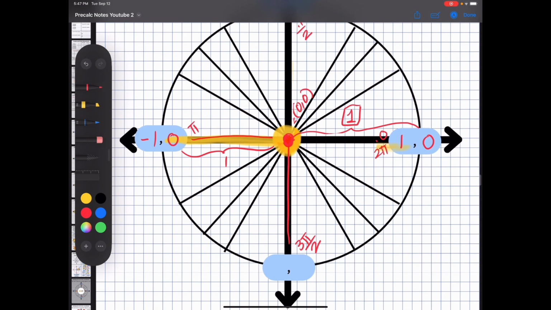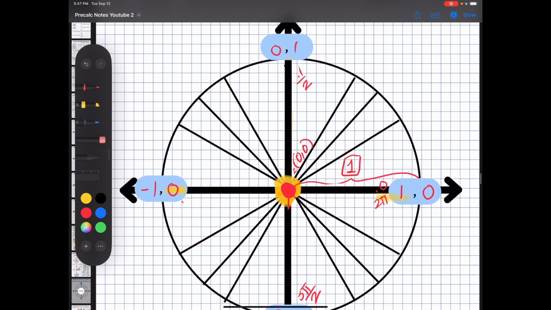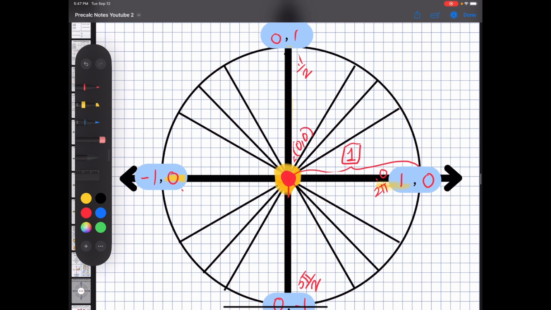Okay. And now I have 3 pi over 2. I am not moving any distance. If I start at 0, 0, I'm not going to go left or right, but I am going to go down 1 unit. So this is how I'm able to find the coordinates of any quadrantal angle.